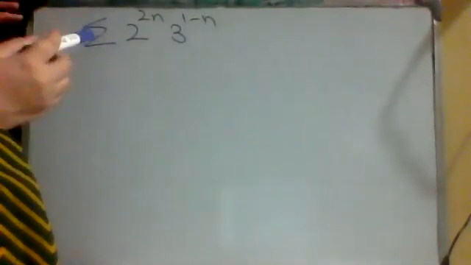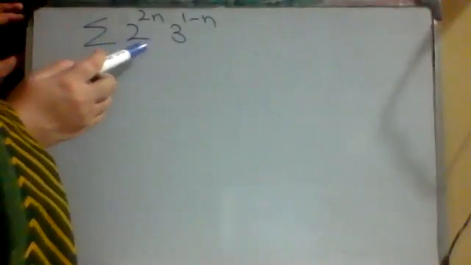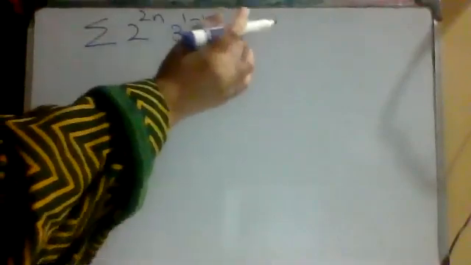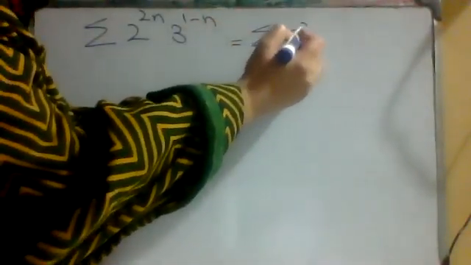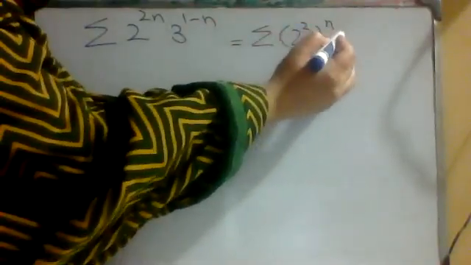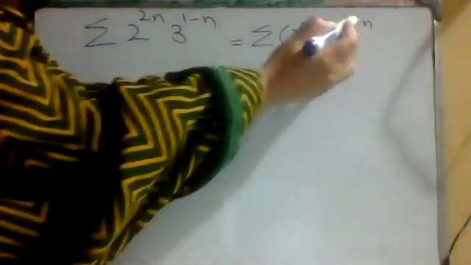Now the question is whether the series given by this is convergent or divergent. You can write this series as summation 2 power 2n into 3 over 1 minus n, that is summation 2 squared power n over 3 power 1 minus n.